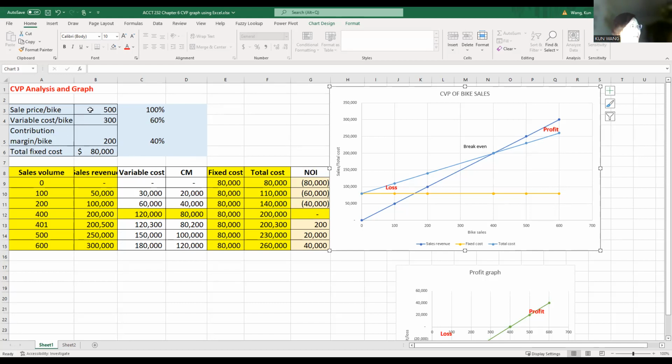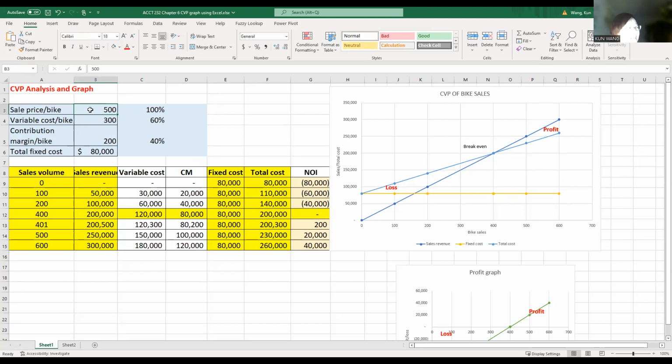The price is almost similar. So you have your unit price, unit cost for making the bicycles, then contribution margin per bicycle, then the total fixed cost. I believe the numbers are identical to our book examples, just the product is not a surfboard.